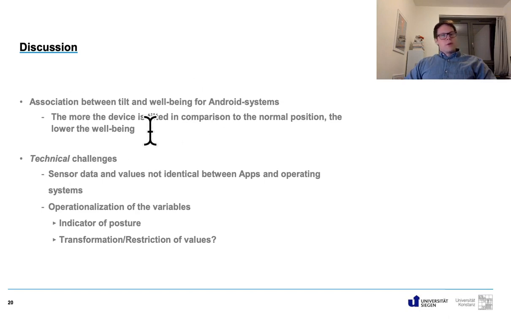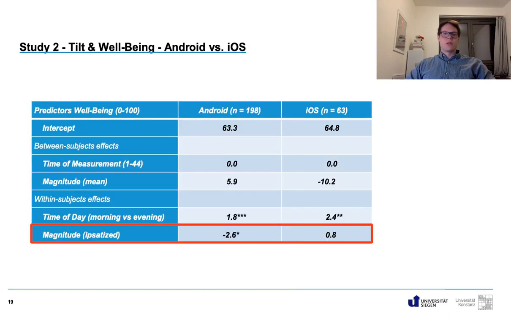Overall, we found this association between smartphone tilt and well-being, but only for Android systems. And we also identified, which I have no time to go into detail right now, a lot of technical challenges. So it seems that the sensor data is actually not identical between different apps and also not between different operating systems, which is why I showed you the results here for Android and iOS.